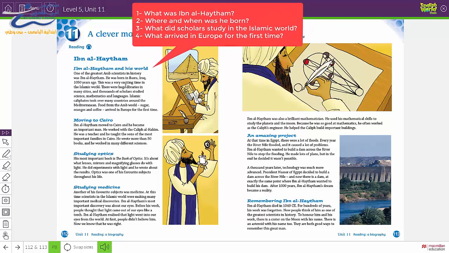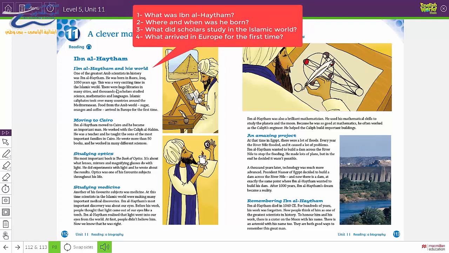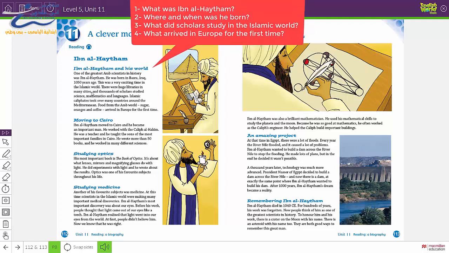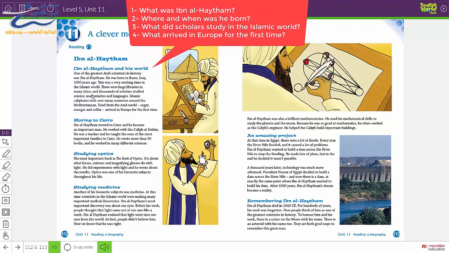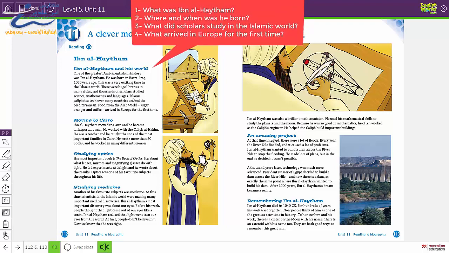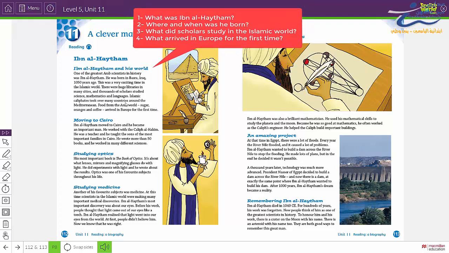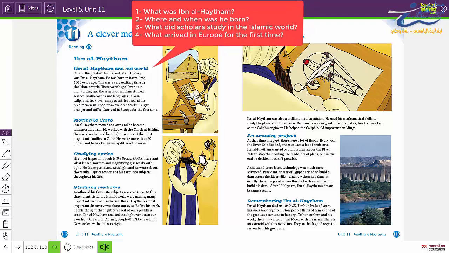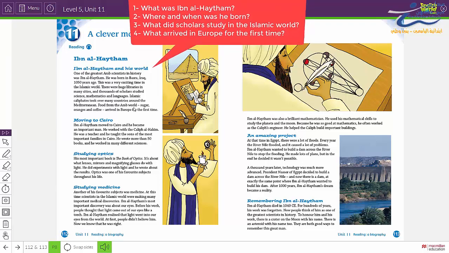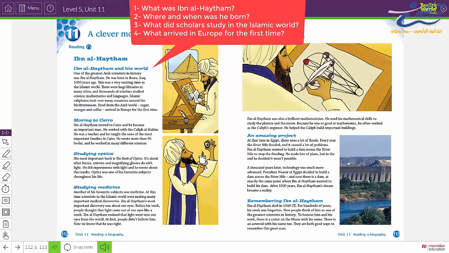This was a very exciting time in the Islamic world. There were huge libraries in many cities, and thousands of scholars studied science, mathematics, and languages. Islamic caliphates took over many countries around the Mediterranean. Food from the Arab world, sugar, oranges, and coffee arrived in Europe for the first time.